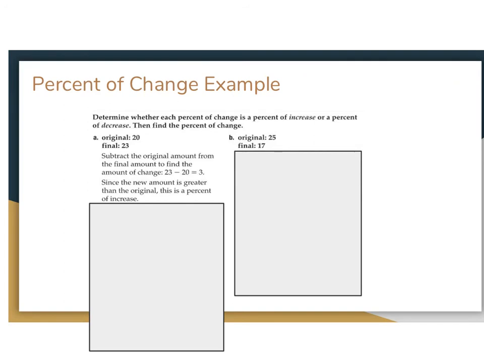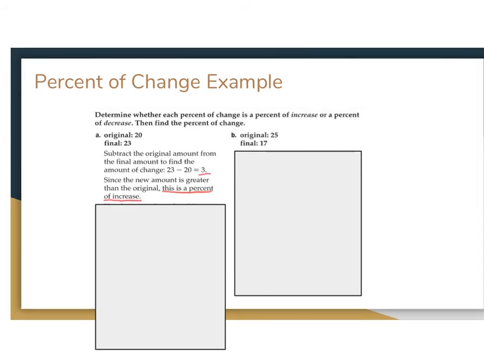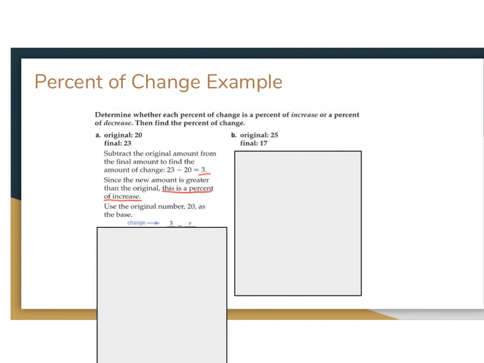Since the new amount is greater, this is going to be a percent increase. Next, we need to determine the percent of change. We use the original number as the base in our equation. So we know that our change is 3 and our original amount is 20, and then our percent change is R over 100.